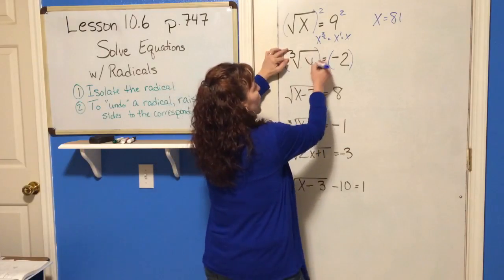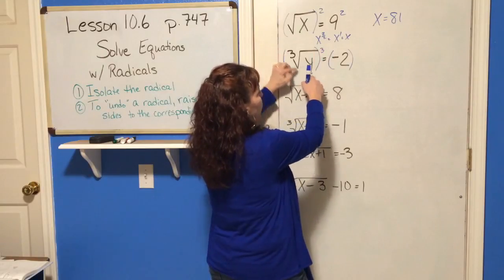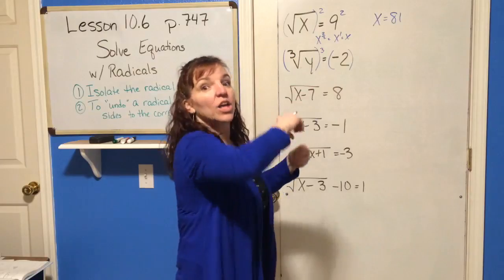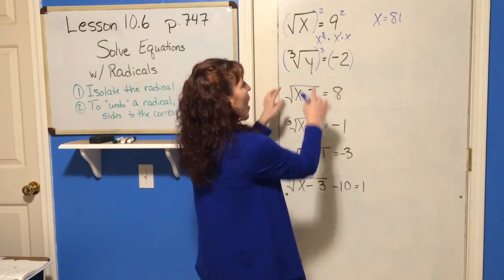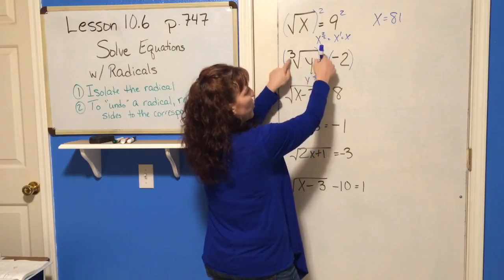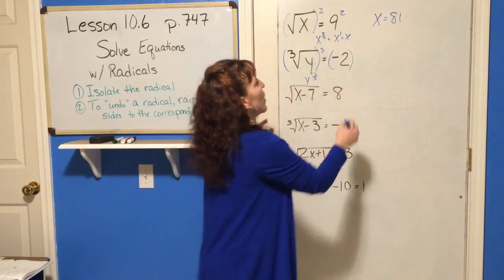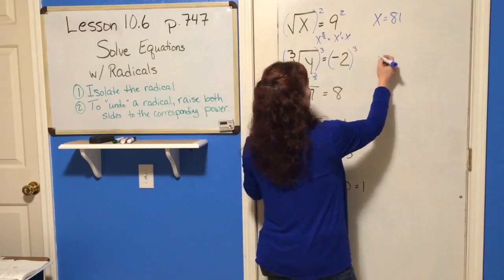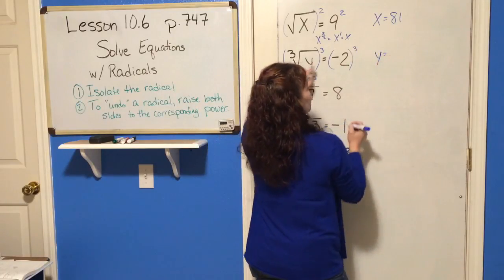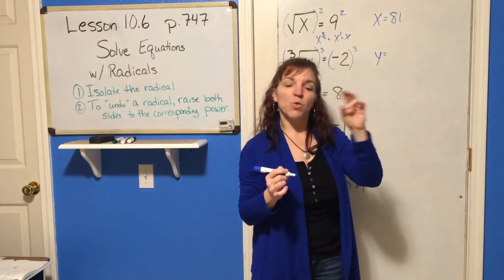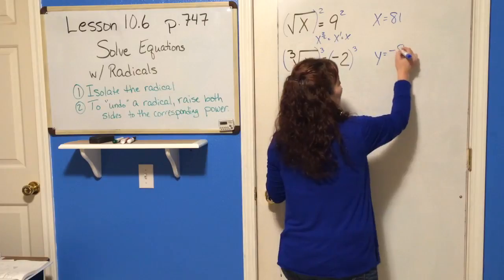So the cube root of y cubed is just y. And it's the same reason with this. So y to the 3, this is y to the 3/3 power, which is just y. All right? So we have to take negative 2 cubed. So we end up with y equal to negative 2 times negative 2 is positive 4. Positive 4 times negative 2 is negative 8.